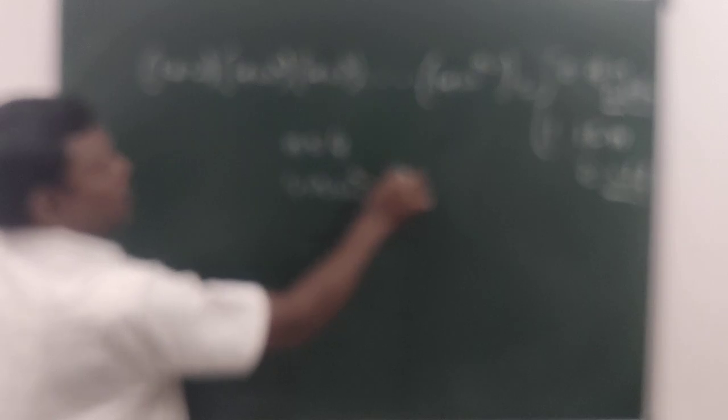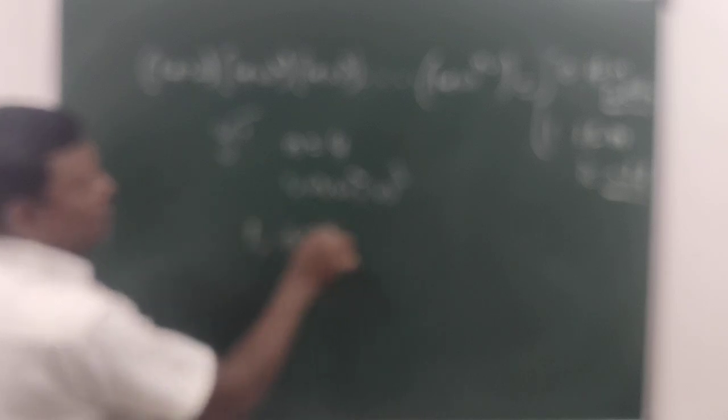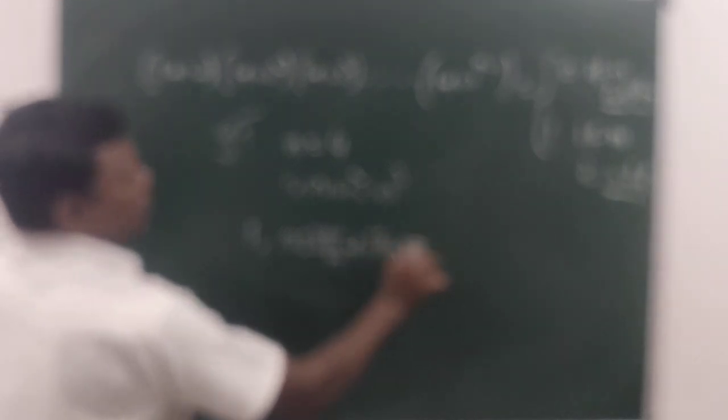If you want, I can give you the n value as 4. If I give n value as 4, then whose roots will be 1, omega, omega square, omega cube? The fourth roots of unity. So what is omega? You know, cos of 2 pi by n plus i sin 2 pi by n.